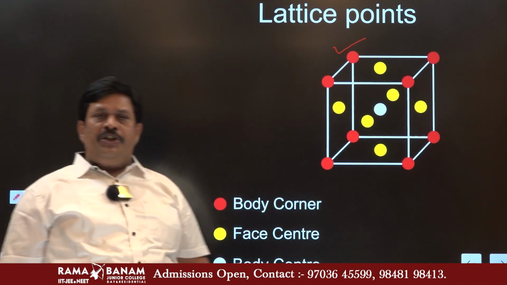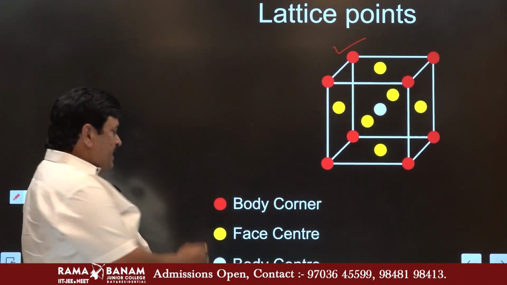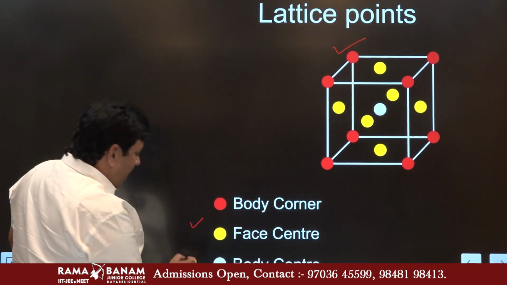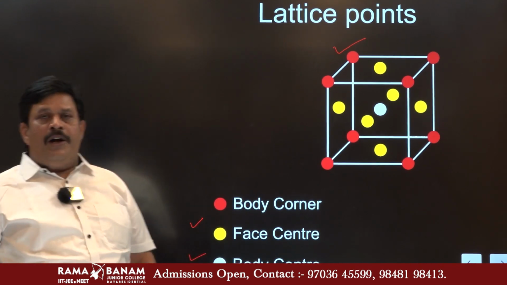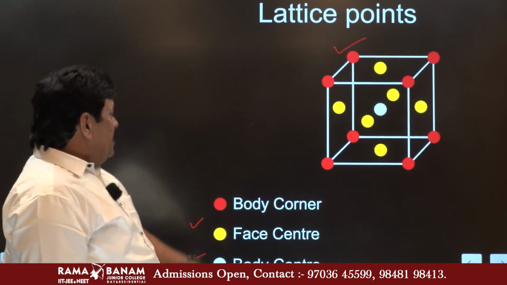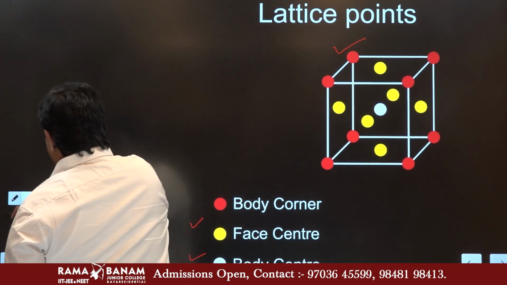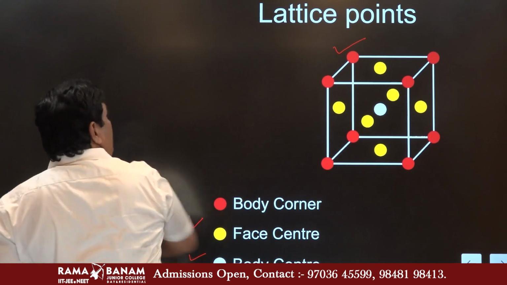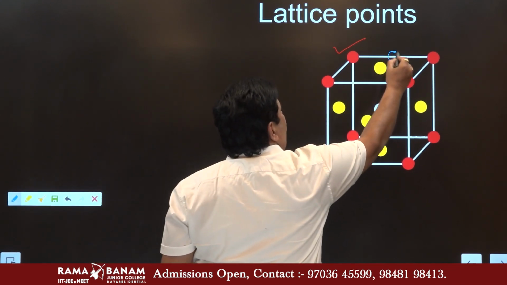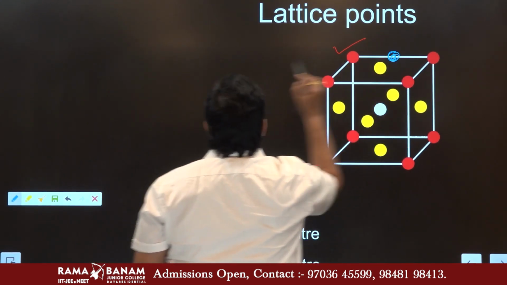And the yellow positions are called as face centers, and the white space is called as body center. In addition to these three, one more is also present. This is what is called as the edge center.